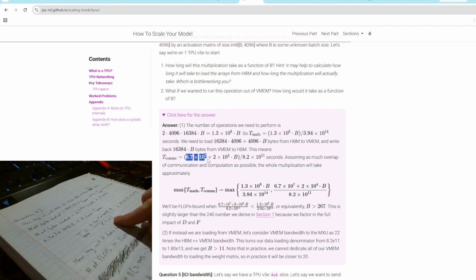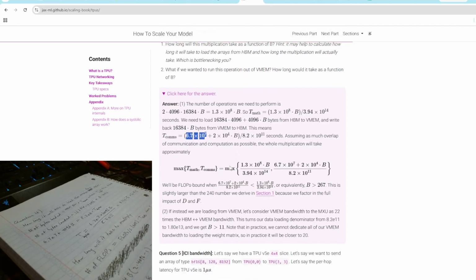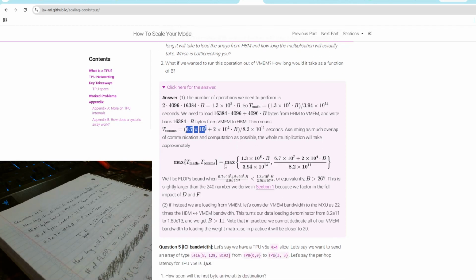Assuming as much overlap of communication and computation as possible, the whole multiplication will take the max between those two. It will be flops bound when B is large. Slightly larger than the 240 number we derived in section 1 because we factor in the full impact of D and F. I'm not going to change my time or my calculation because I think the wording was a little bit not specific.